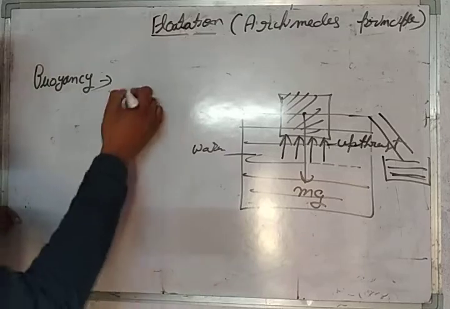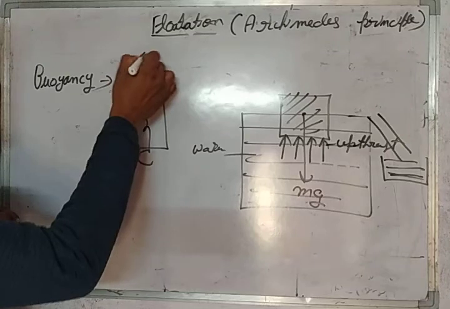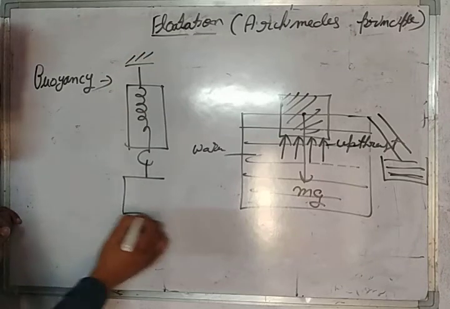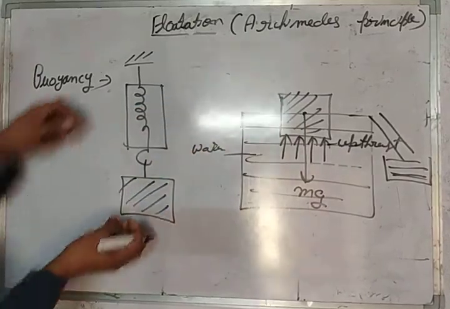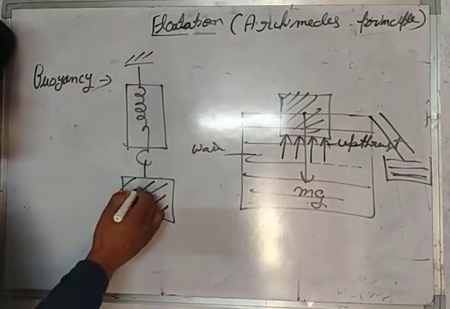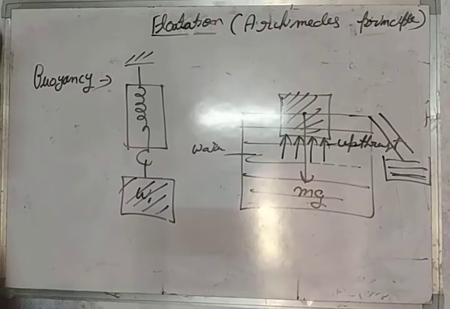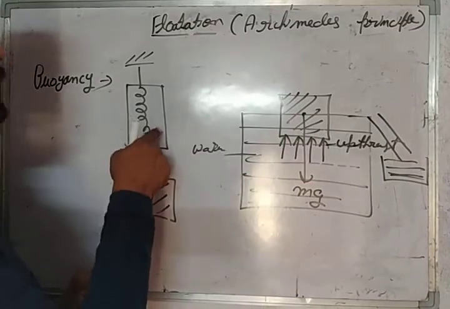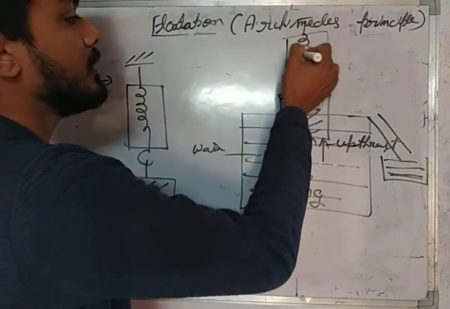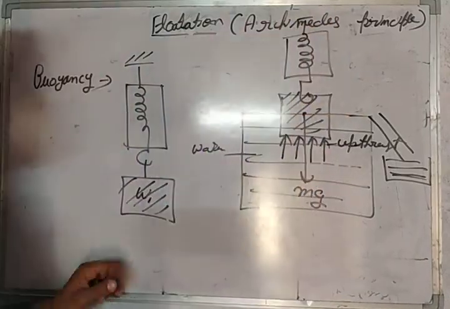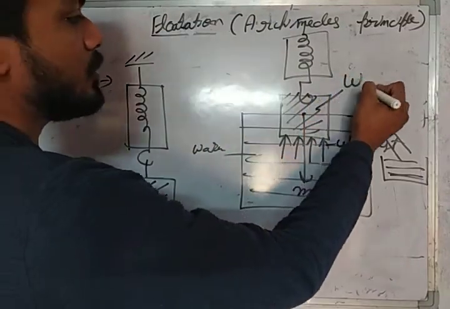Now, suppose this is the weighing machine, and in the air, when I am hanging this body, the weight of this body is W1. Now, if using this weighing scale I hang this body again, but in water, then definitely there will be a different weight, and suppose the new weight is W2.